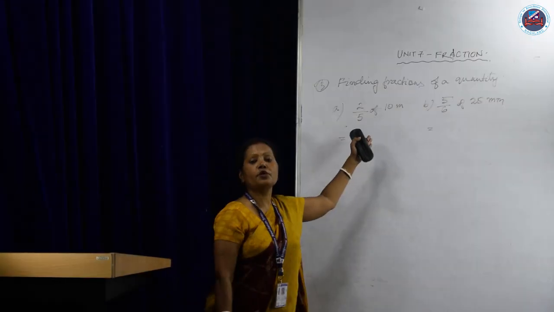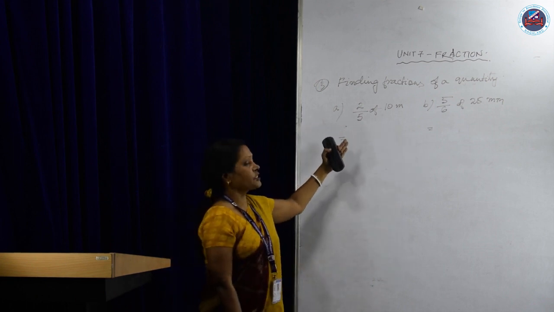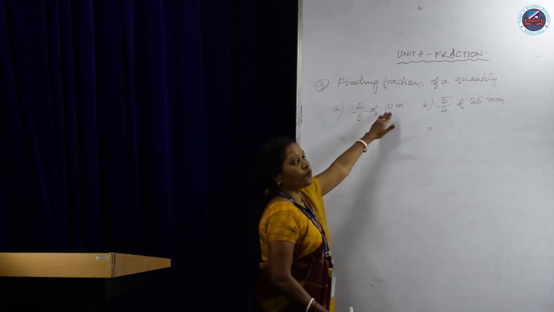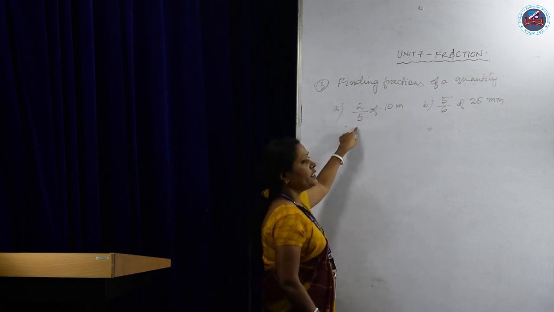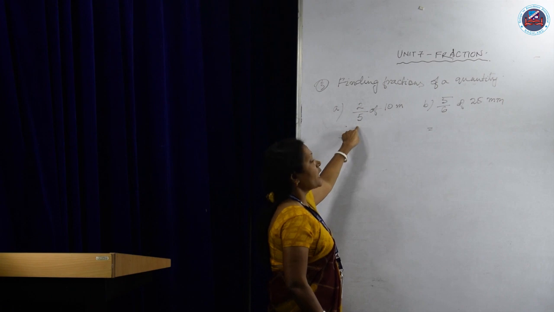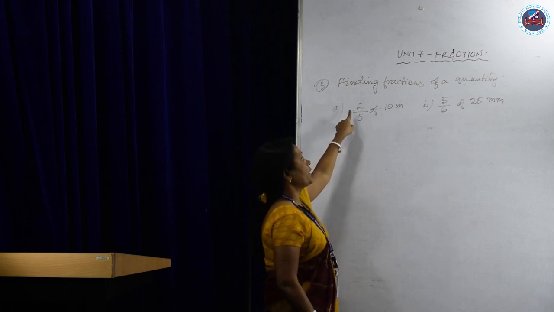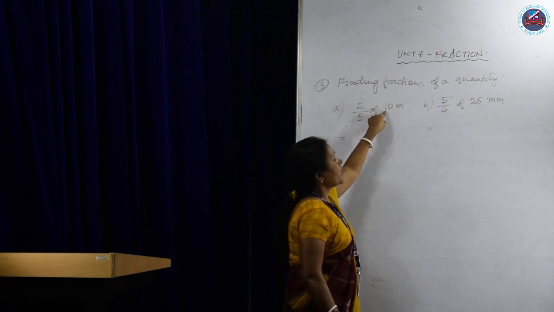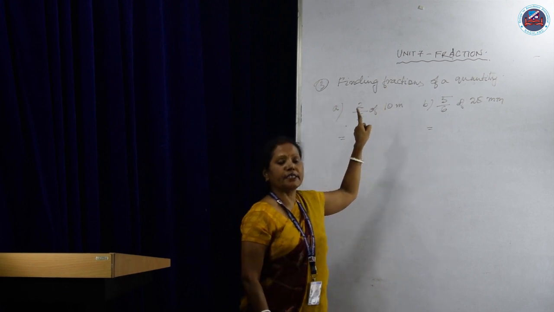Finding fractions of a quantity. To find the fractions of a quantity, the method is you have to divide the quantity by the denominator, then you need to multiply the answer by the numerator. So look at here, your quantity is 10 meter here. So you have to divide 10 meter by the denominator.